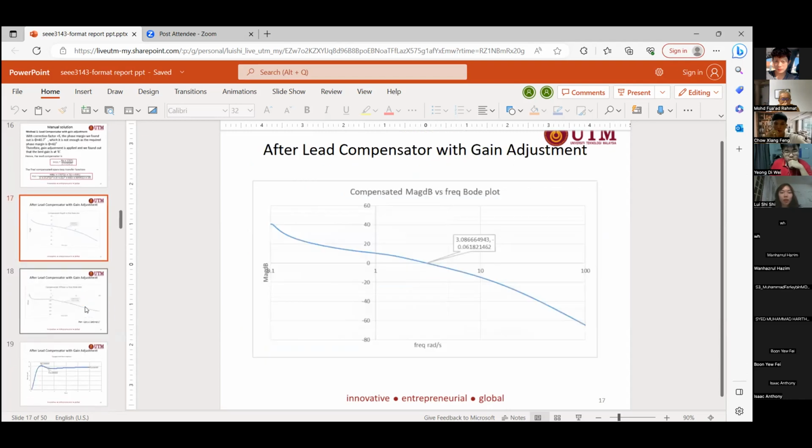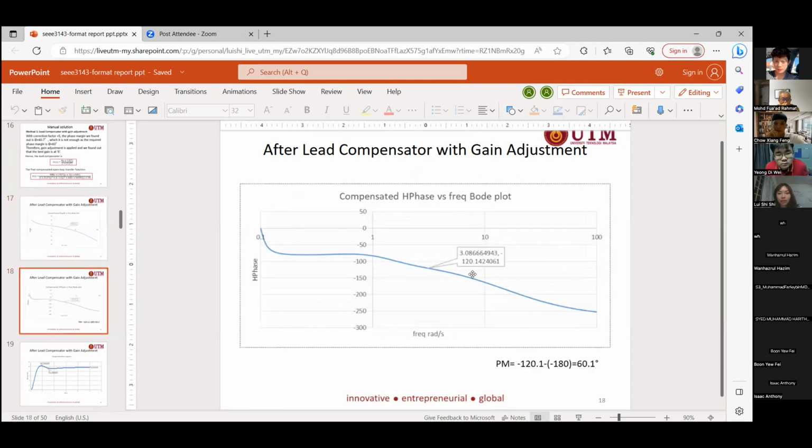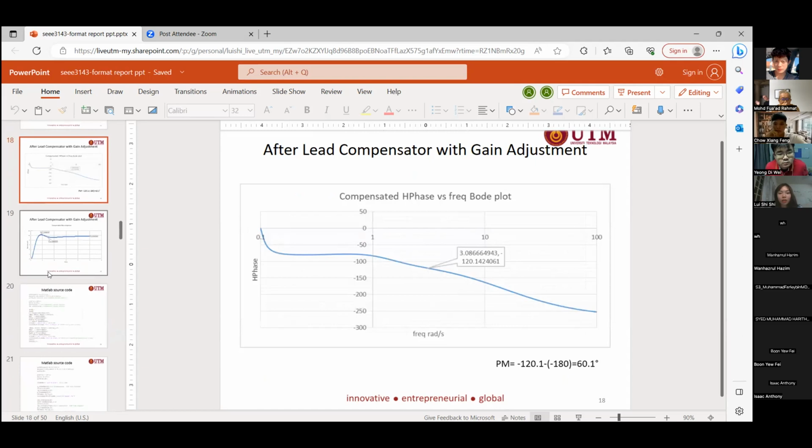Then we also plot it in Excel. Then we can find that our phase margin is met on our requirement, which is around 60 degrees.